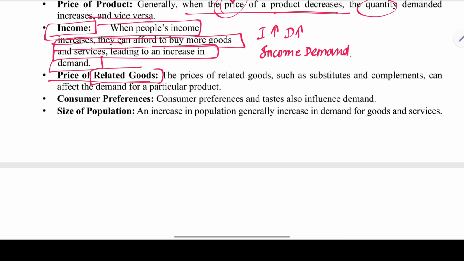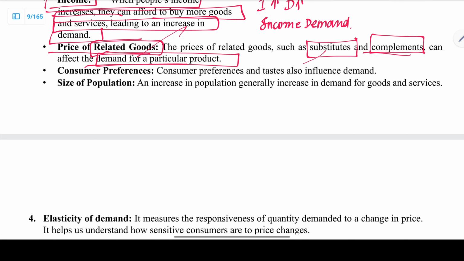Price of related goods: related goods like substitutes and complements affect the demand for a particular good. A substitute good is, for example, wheat instead of rice. But for rice, you need salt.